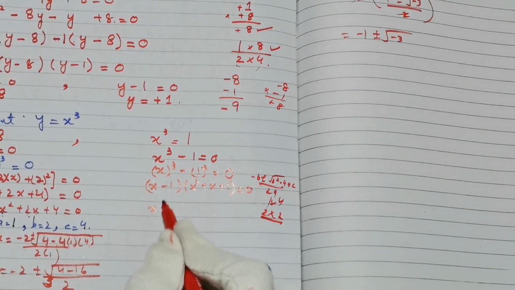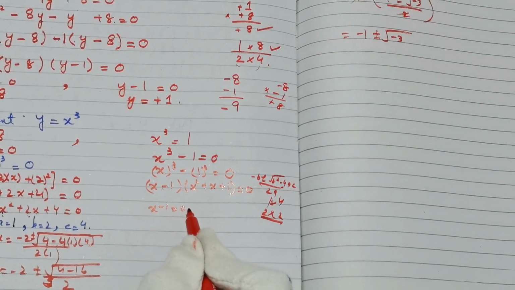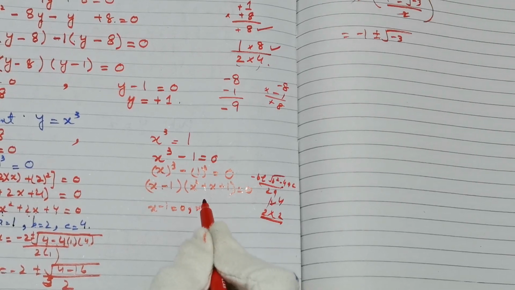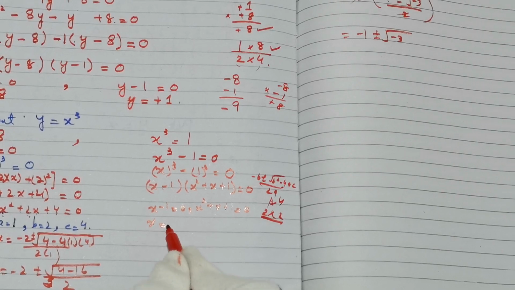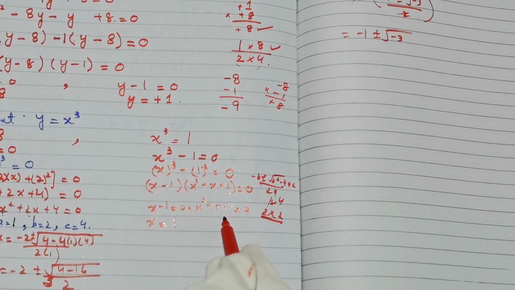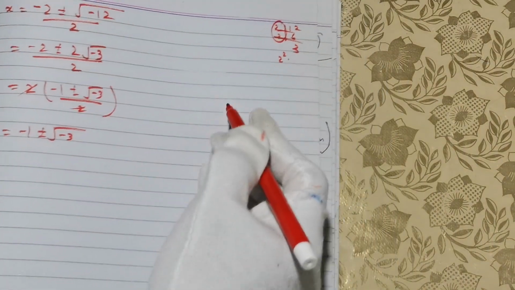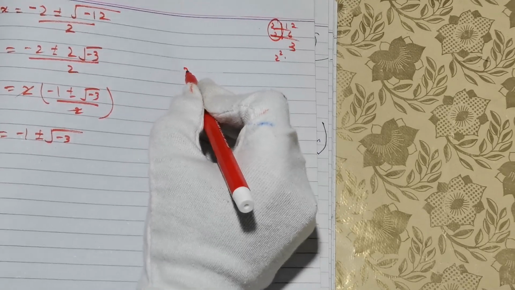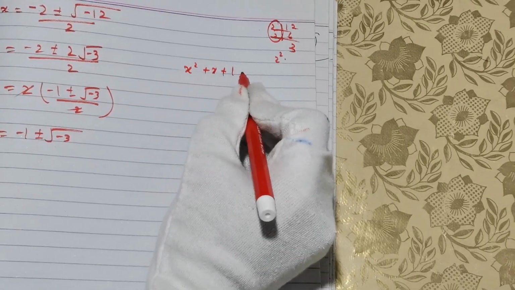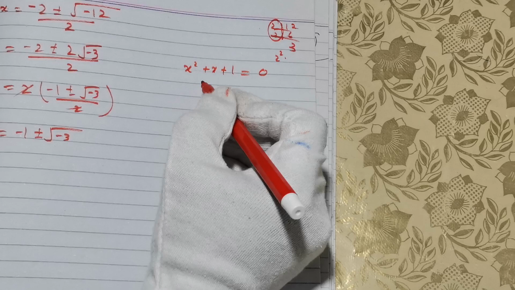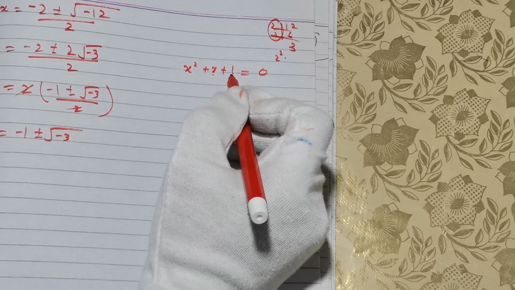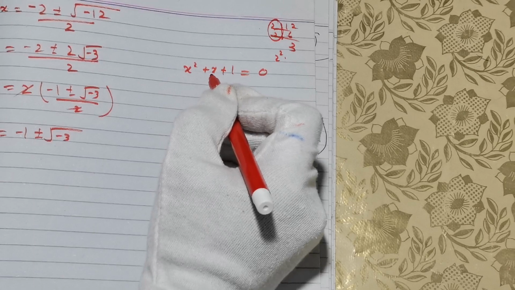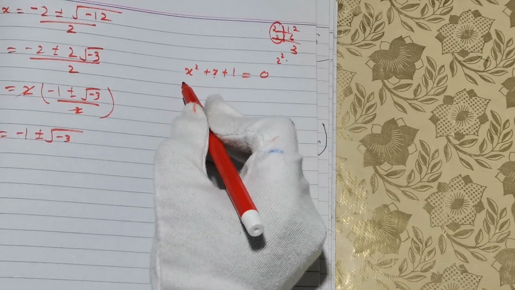The first time we take x minus 1 equal to 0, and next time x squared plus x plus 1 equal to 0. x minus 1, x is equal to 1. And now we solve x squared plus x plus 1 equal to 0. There is no factor, so we will use the quadratic formula.